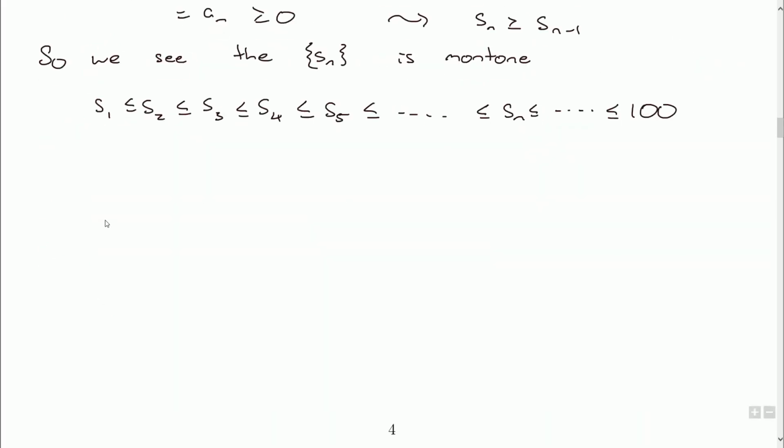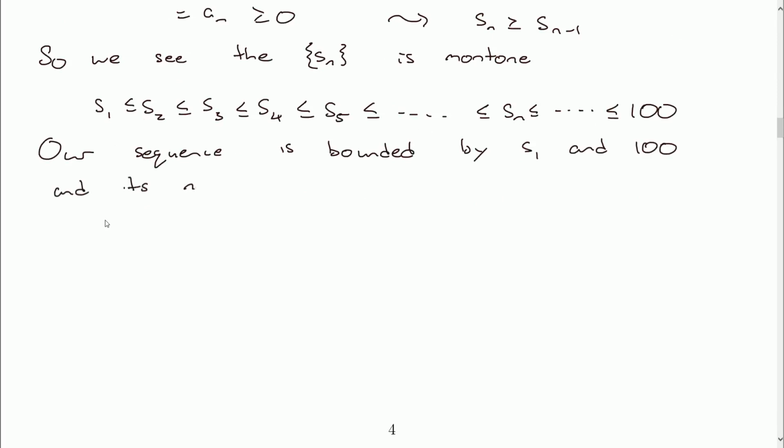So we might say, it's not a series. Series are when we add things up. So our sequence is bounded. Specifically, we might say by S1 and 100. And it's monotone.